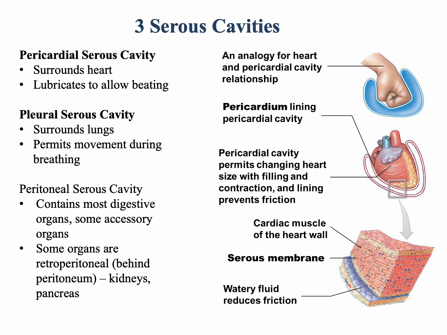Okay, so if we go back to the dorsal body cavity that we're talking about, that's going to contain the brain and the spinal cord. So it's going to contain the cranial and spinal cavity, respectively.